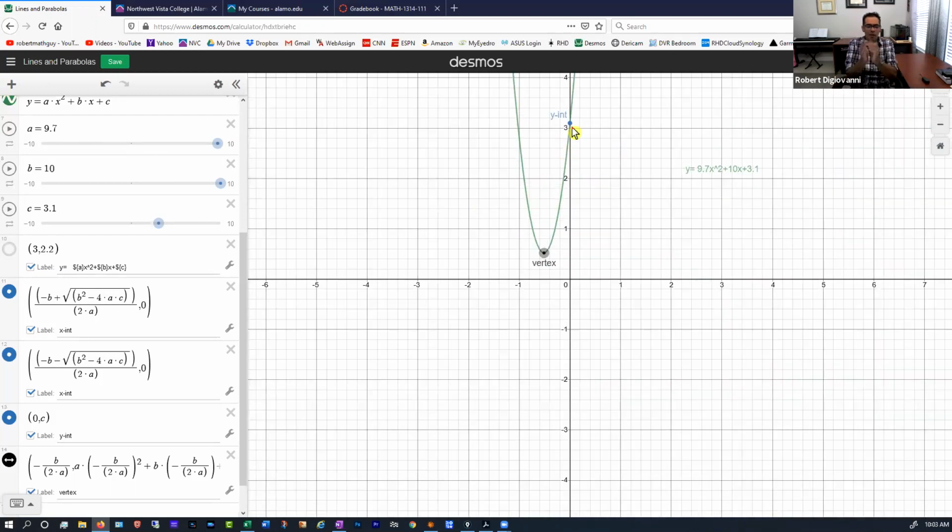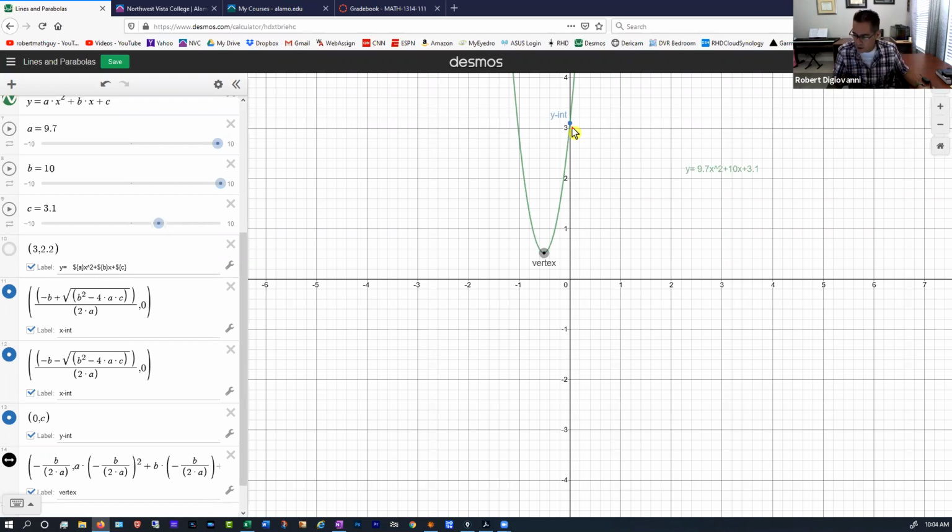These parabolas look like U's, but they keep spreading out. Eventually, you're going to go in both directions forever. Does that make sense? So if it has to spread out in both directions, doesn't matter where you put it on the graph, you have to have a y-intercept.